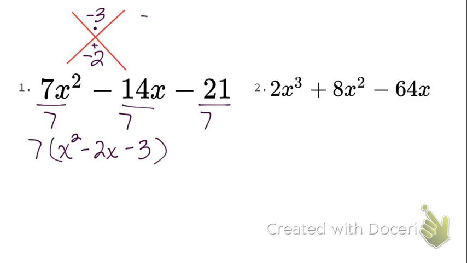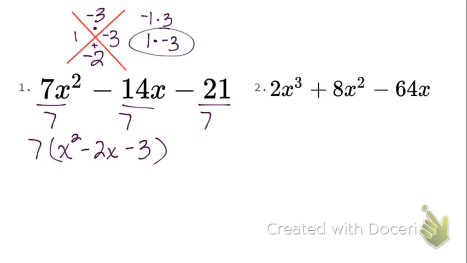So we either need it to be -1 with a +3, or we need it to be +1 with a -3. Of course, since our 2 that we're trying to add up to is a negative, we need our bigger factor to be negative, which means we need to use 1 and -3.